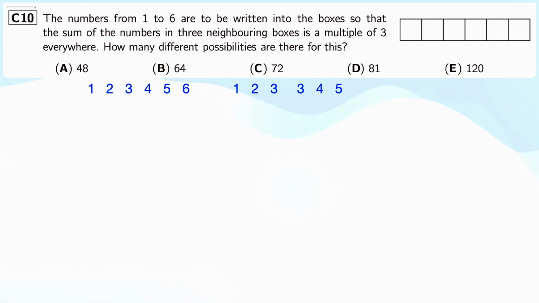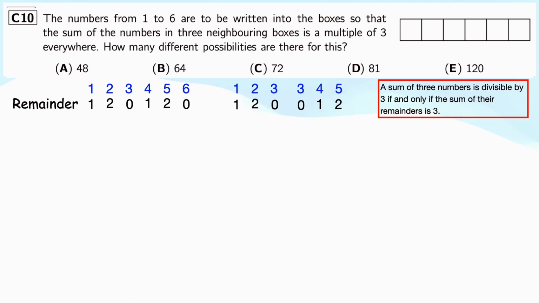But did you observe something? Here is the key observation. A sum of 3 numbers is divisible by 3 if and only if the sum of their remainders is divisible by 3.